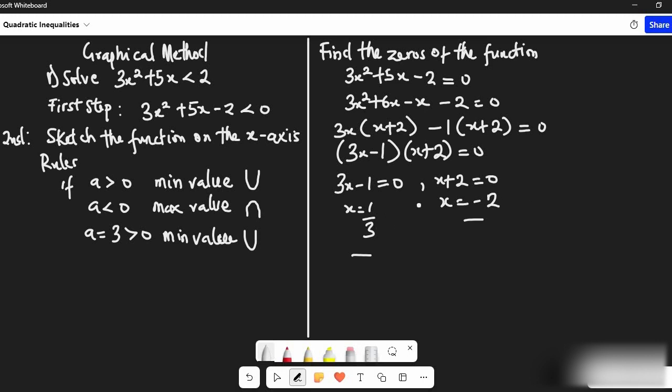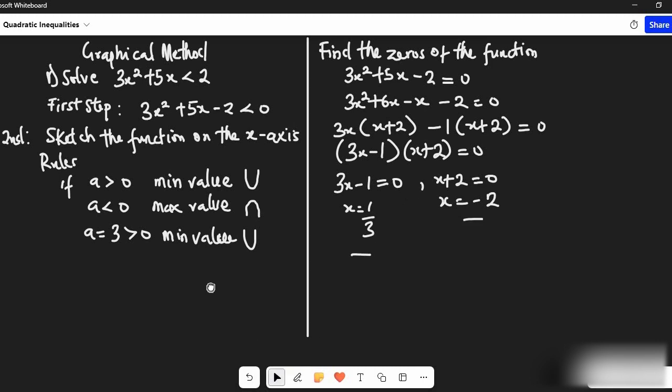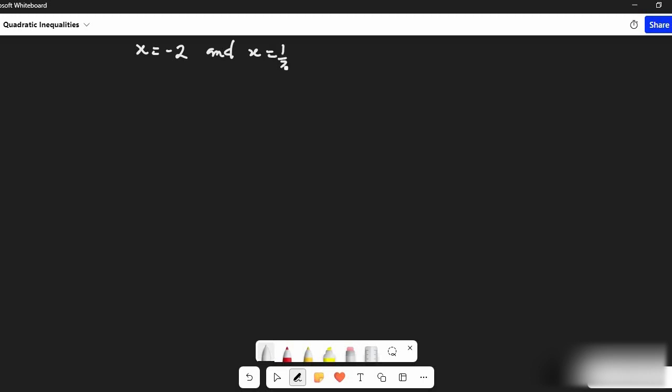So now to sketching the curve on the x-axis. So now we have the zeros of the function to be minus 2 and 1 over 3.